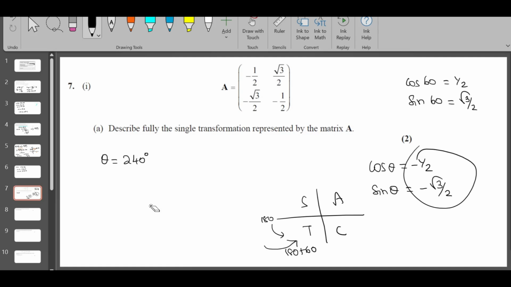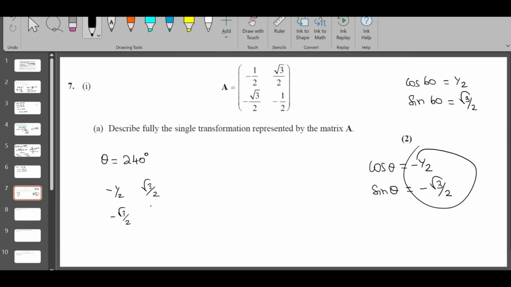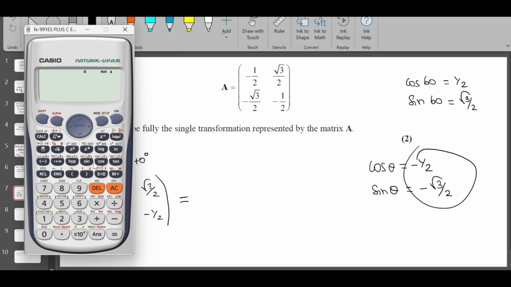So you can write, these are all just for your reference. So first you can write theta is 240. So minus 1 over 2, minus root 3 over 2, root 3 over 2, minus 1 over 2 is equal to... if you find cos 240 and sin 240, you will get this. You can verify that actually. Cos 240 degrees, minus of sin 240 degrees, minus root 3 by 2. Okay.